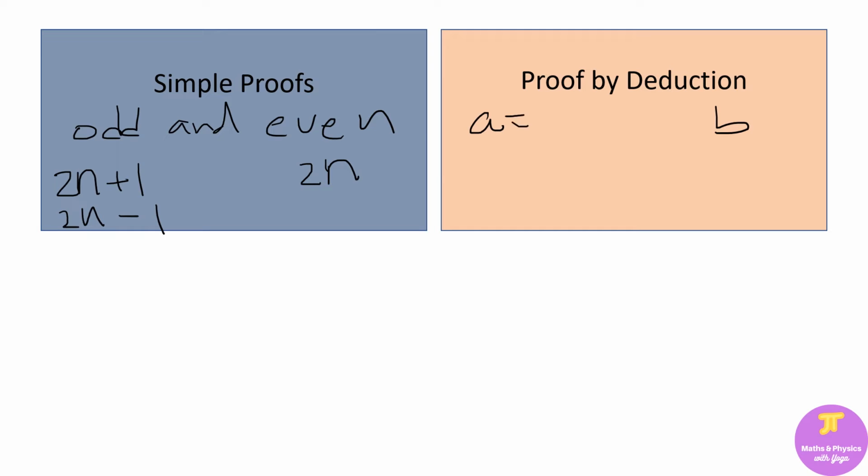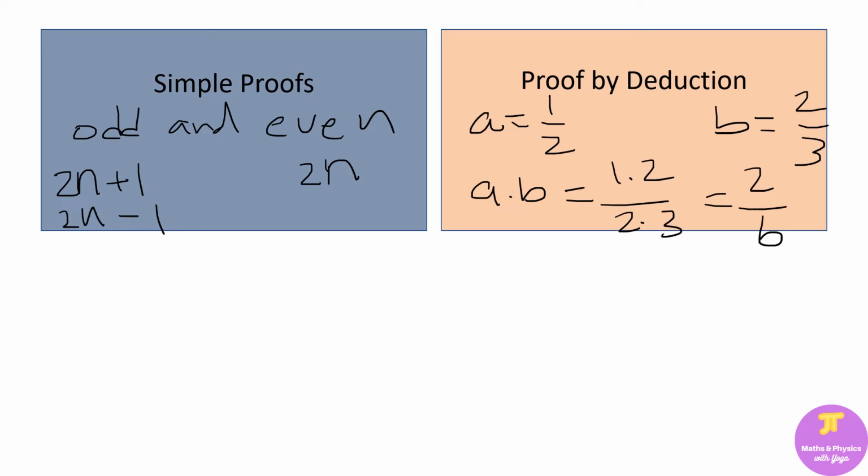So let's say 1 over 2 is a rational number, 2 over 3 is a rational number. What if you multiply A and B? Is it a rational number? Yes, because if you multiply two rational numbers, it will be a rational number. For example, 1 times 2 over 2 times 3 is 2 over 6, which is a rational number.